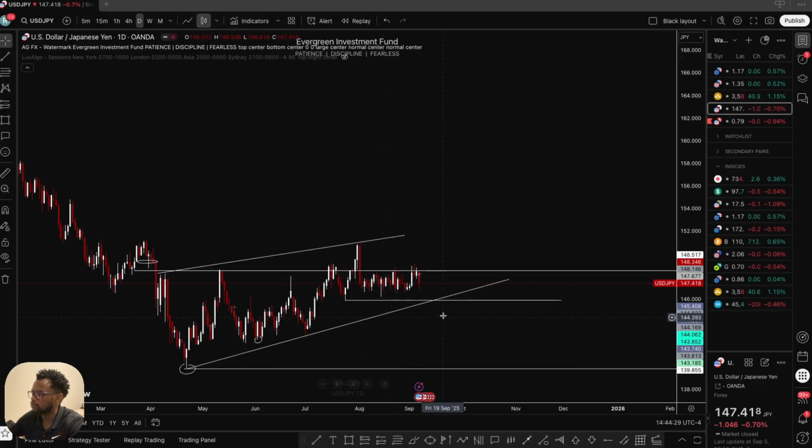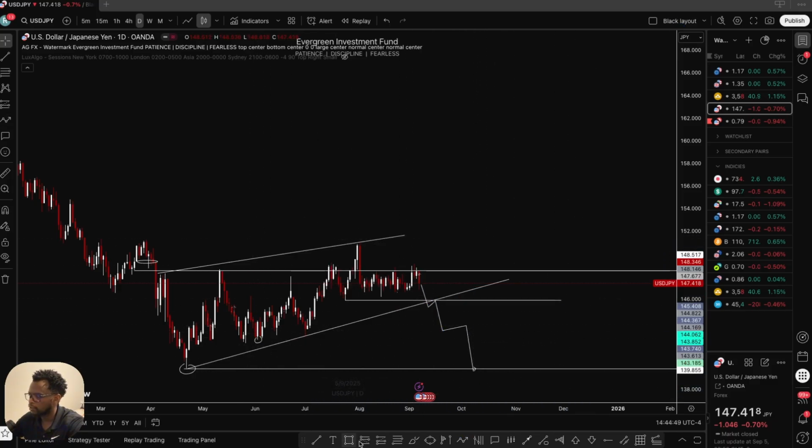This is the range that I'm talking about. So we need a solid break outside of this range. Because of what happened Friday, I'm expecting bearish behavior, retest this area, and then clean up all these imbalances on the left hand side.